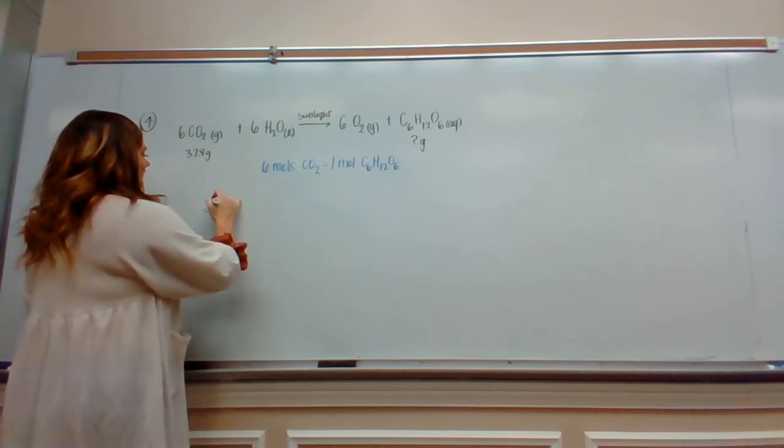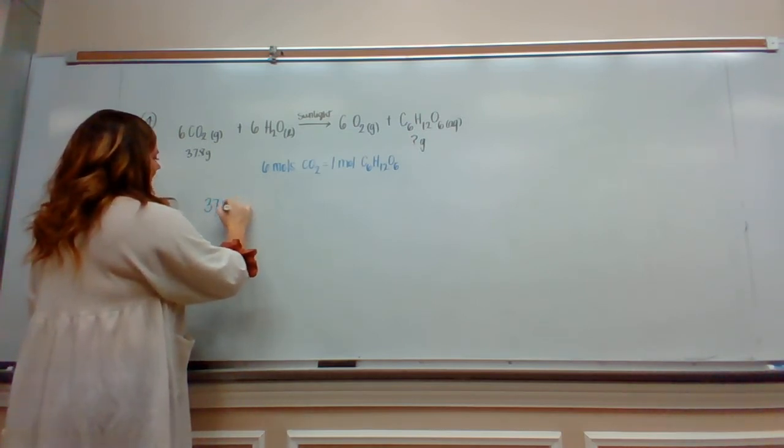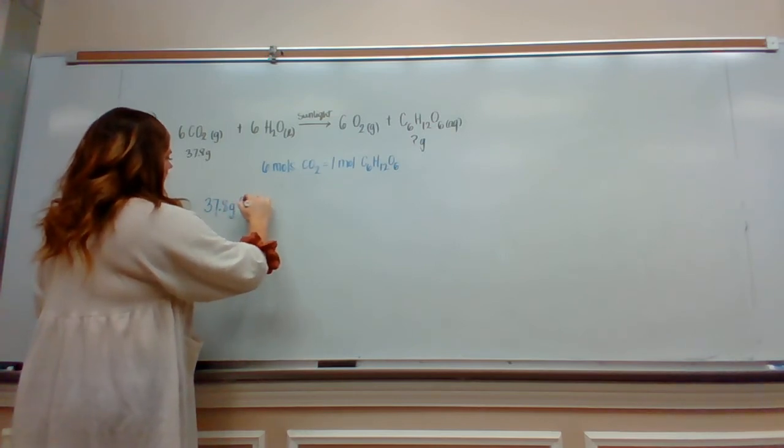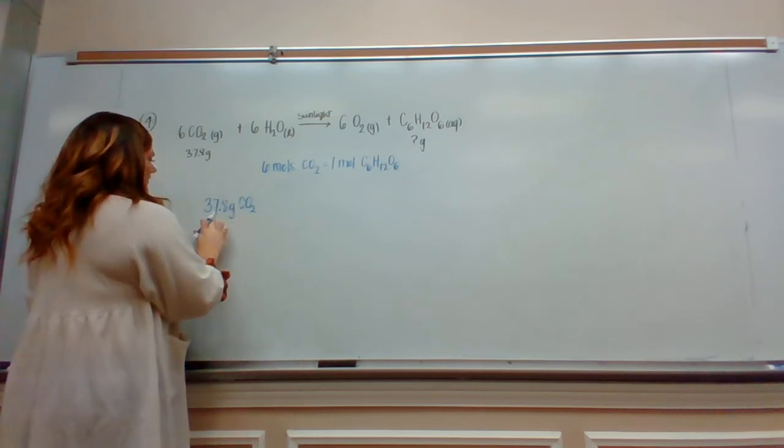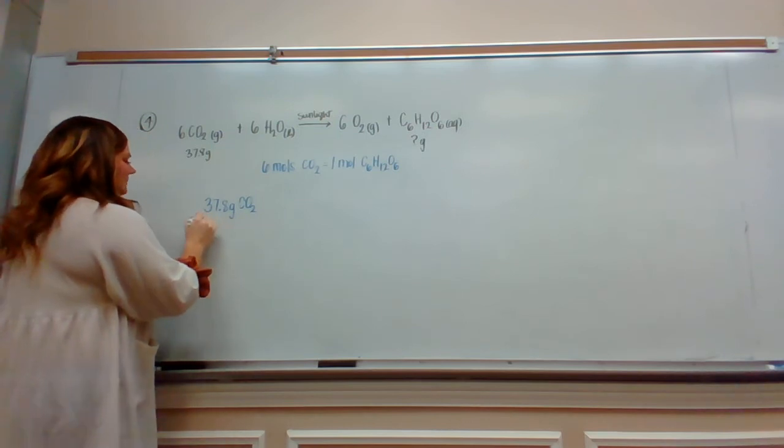So start with what you're given. 37.8 grams of CO2. Calculate CO2's molar mass.